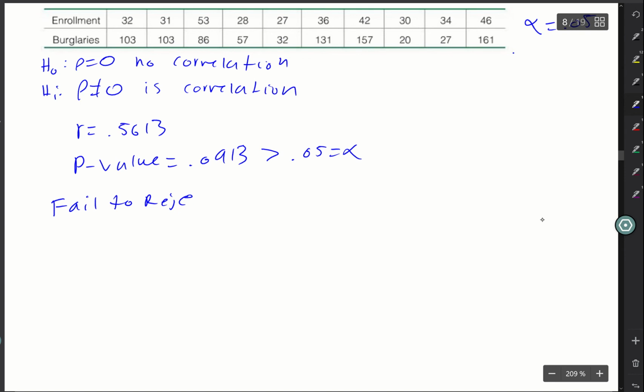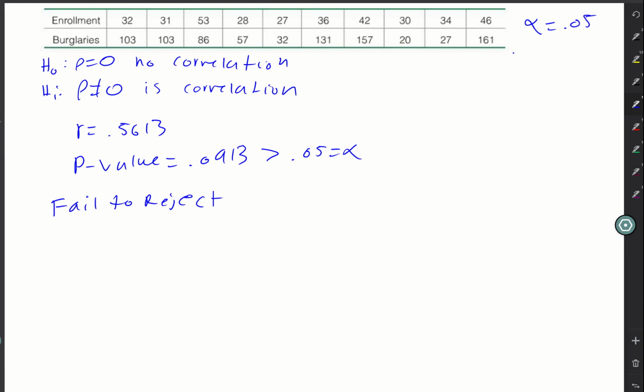even though that R is not that bad, right? It's showing me a moderate correlation based on our standards. But this is telling me there's no correlation between enrollment and burglaries, which we wouldn't really assume that there is, would we? Unless we think that all students are criminals.